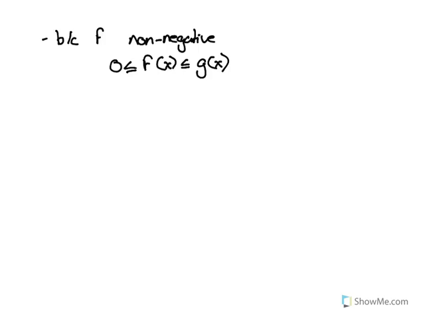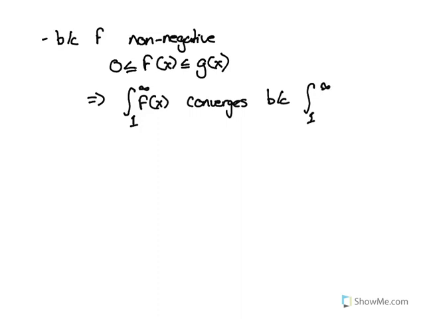And if you recall from a few weeks ago when we talked about the comparison test for improper integrals, we can use this fact to say that the improper integral from 1 to infinity of f of x converges because the integral from 1 to infinity of g of x converges. And this was by the comparison test, which we covered a few weeks ago.